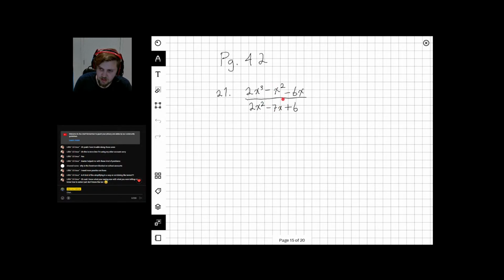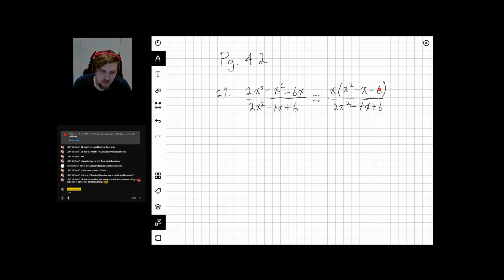Okay, this one, let's do some factoring and see if we can get some stuff to cancel out here. So looking at the top, I see a GCF of x. I'm going to take that out, x, and then I'm going to have x squared minus x minus 6. Now at the bottom, I don't have a GCF, so I'm going to have 2x squared minus 7x plus 6. Over here, I'm looking at two things that multiply to negative 6 and add up to negative 1.